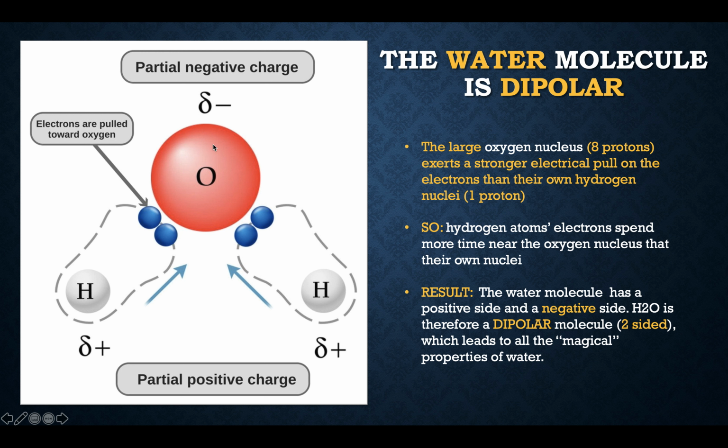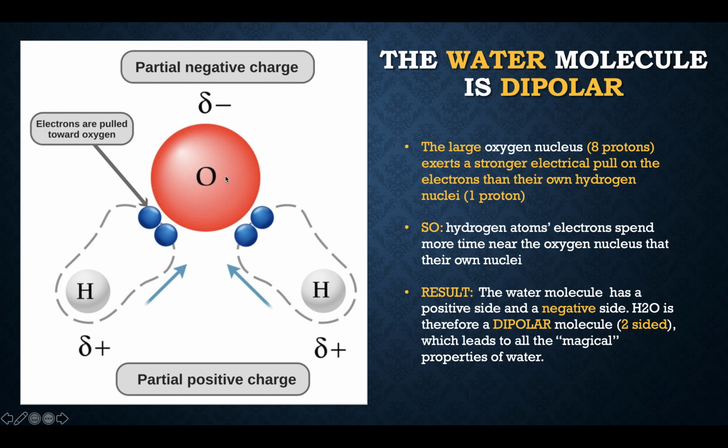And because of that, oxygen has a much stronger electrical charge. It's much more electronegative than hydrogen. It's so much more electronegative that it actually ends up pulling hydrogen's own electron away from it, and it keeps it closer to itself.